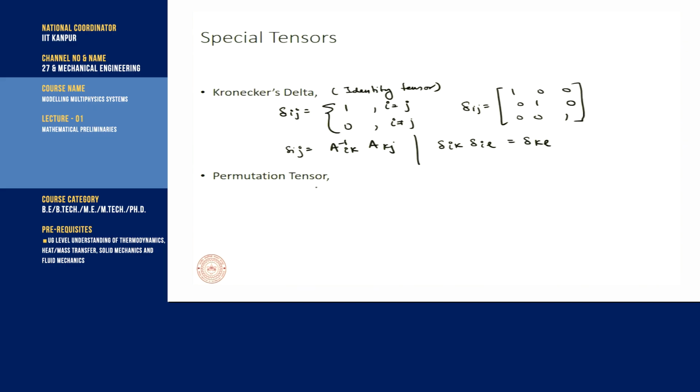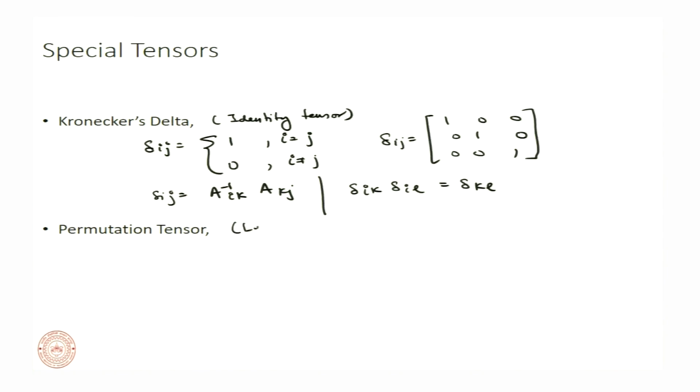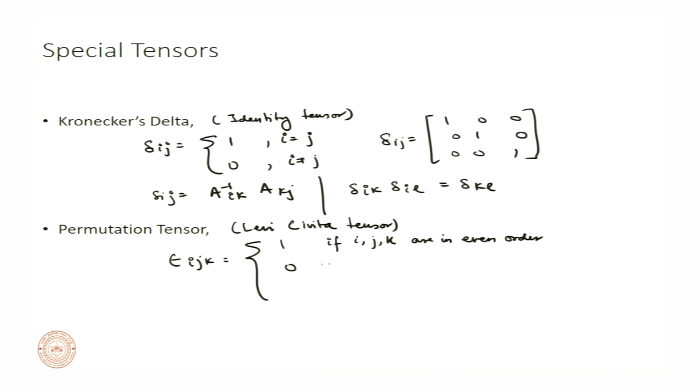Then we have a permutation tensor, also called the Levi-Civita, given by epsilon_ijk. This is equal to 1 if ijk are in even order, 0 if any two or all of them are equal, and -1 if ijk are in odd order.